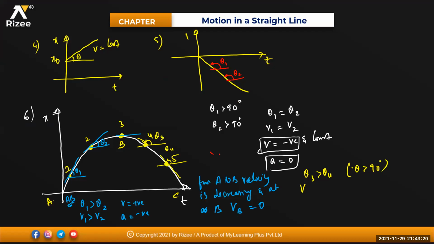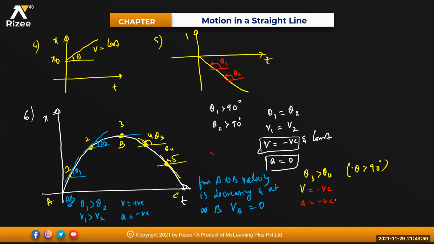Which is more, beta? Theta 3 or theta 4? Theta 3, sir. Theta 3 is greater. That means what is happening to the velocity? Greater than 90 degrees means velocity will be positive or negative, beta? Negative, sir. Velocity will be negative and acceleration is also negative.